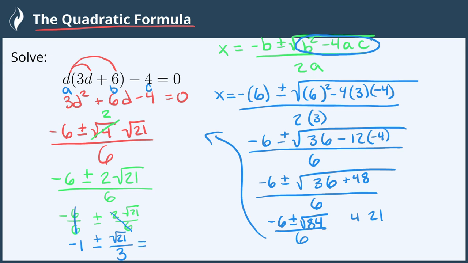So we end up with negative 1 plus the square root of 21 over 3, and negative 1 minus the square root of 21 over 3. And we have our two answers for the quadratic formula, and we're all done.